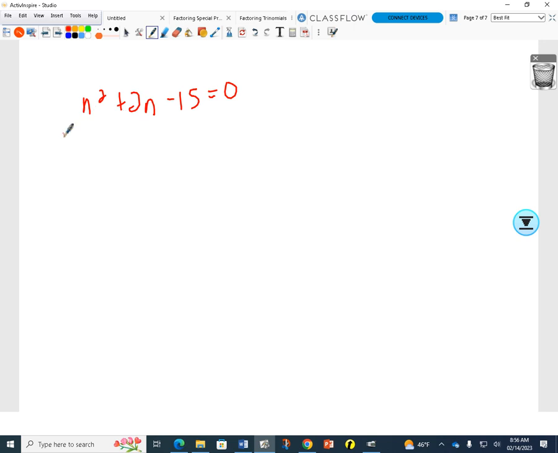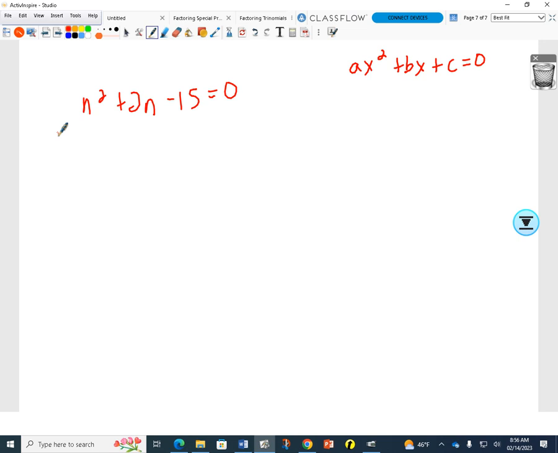It's quadratic, so we have an n squared here. It's in standard form. Remember, normally when we're factoring, we want it in standard form. Remember, standard form is ax squared plus bx plus c equals 0. Before we start factoring anything to solve, we want it in that form and we want it set equal to 0, right?